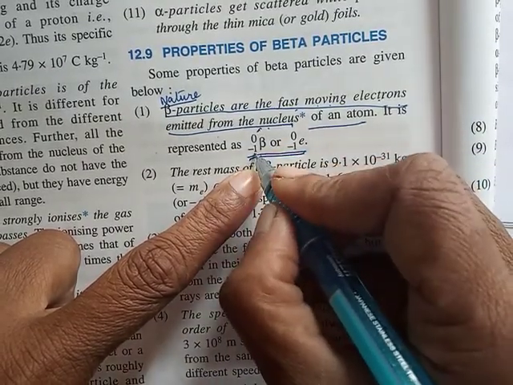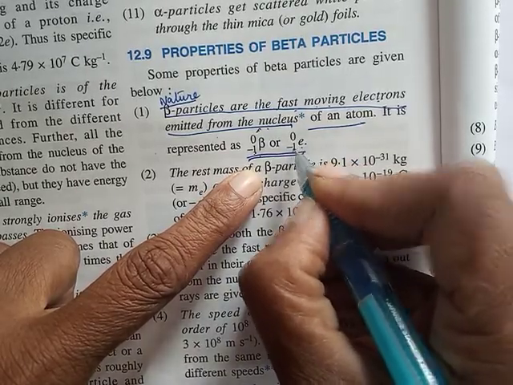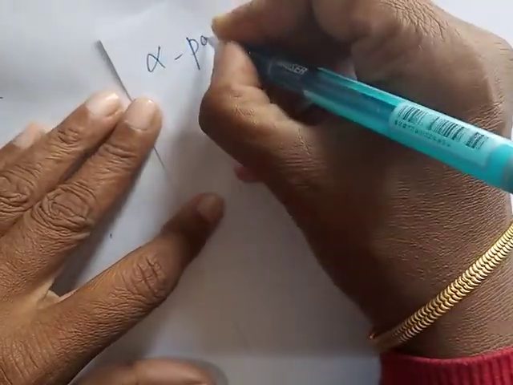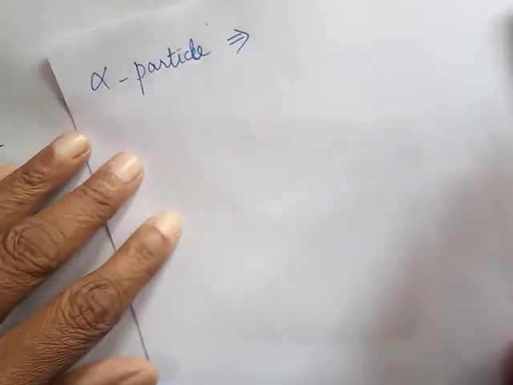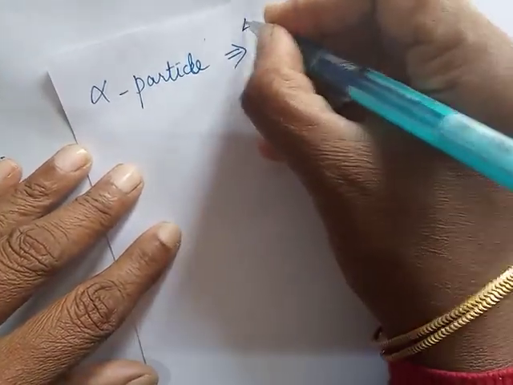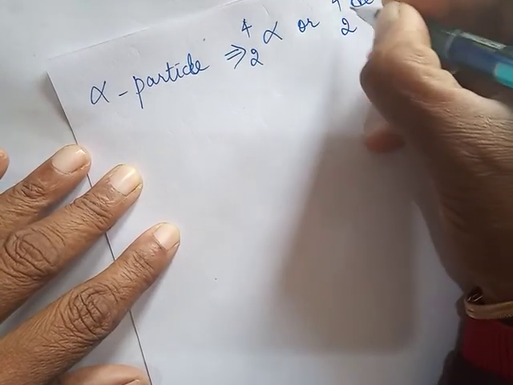Beta 0 minus 1: mass number 0, atomic number minus 1, or e 0 minus 1. Is it clear, children? So the alpha particle has 2 protons and 2 neutrons, so it is represented as alpha 4 2 or helium 4 2.